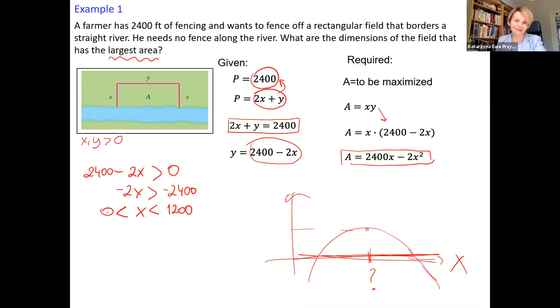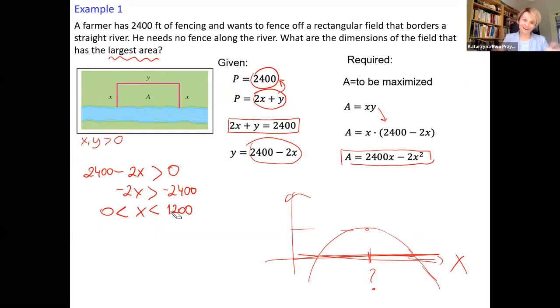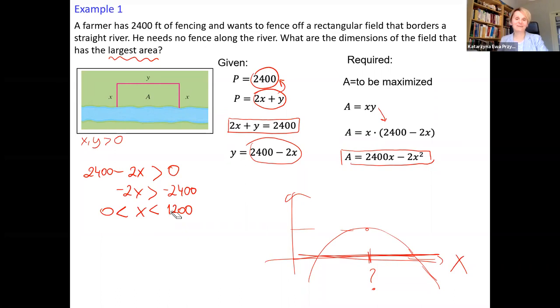Not even exactly 1,200, because if I put 1,200 and 1,200, we will have no fence left for y, right? And since it's the open interval, that's the same thing.